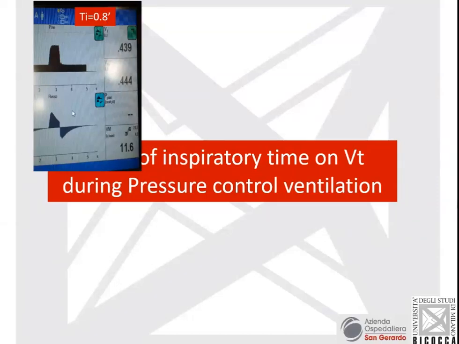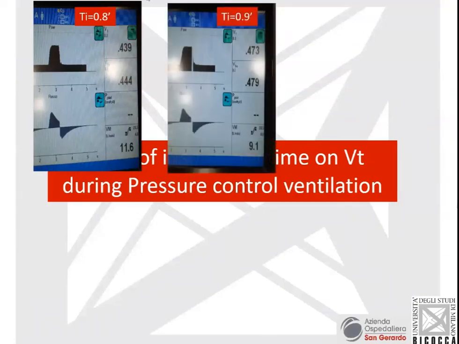And as you see here, by the end of the inspiration, there is still flow moving from the ventilator to the patient. So if we increase the inspiratory time, we give more time to the ventilator to deliver flow and to reach an equilibrium between the airway and the alveoli, and so the tidal volume increases.